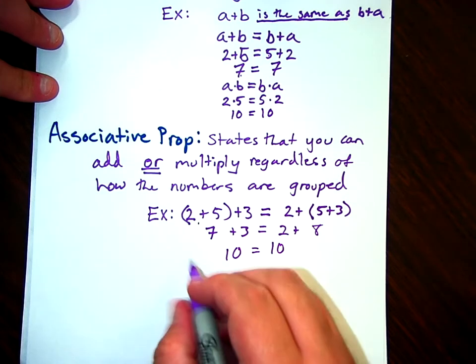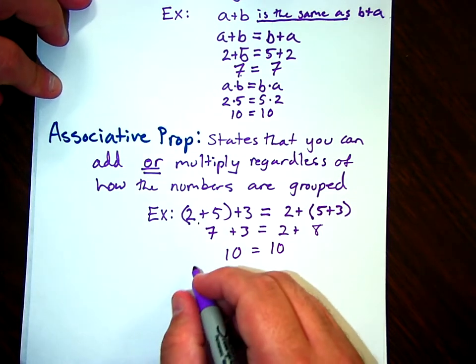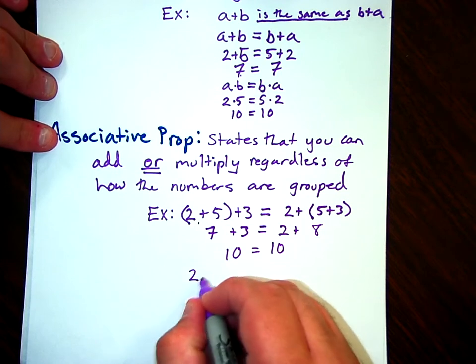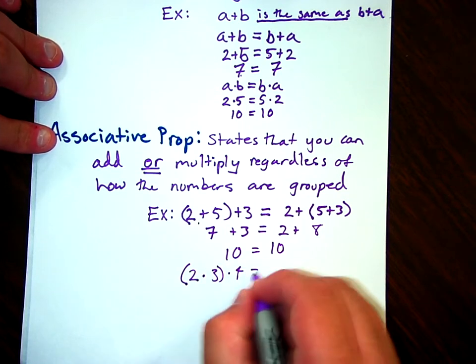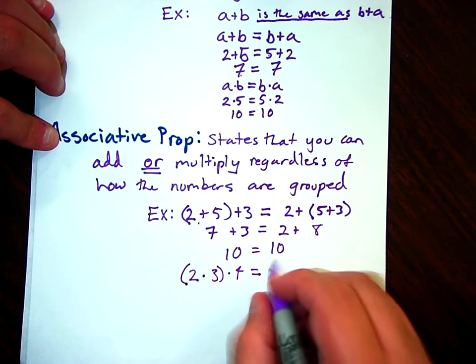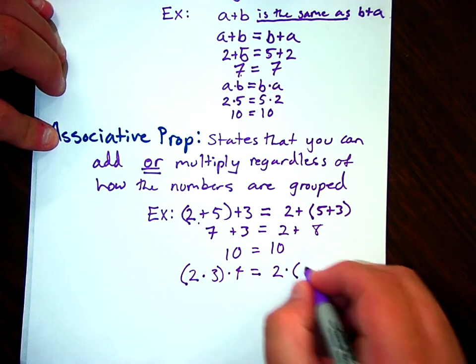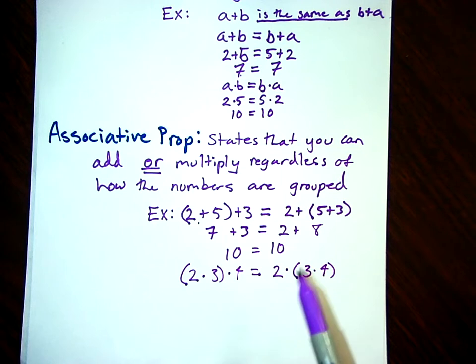Now let's try multiplication. 2 times 3 in parentheses times 4 equals 2 times in parentheses 3 times 4. So if the associative property holds for multiplication, these should be the same thing.